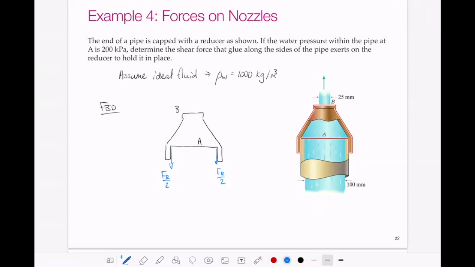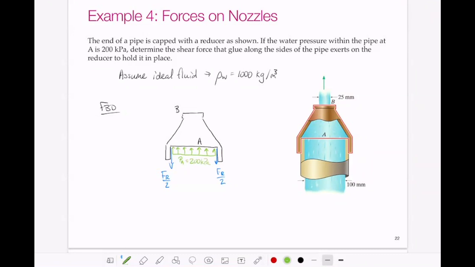Yes. So let's draw that in green. This would be a distributed load, and it is equal to pressure at A, which we know is given in the question as 200 kPa. That's the pressure inside the pipe.